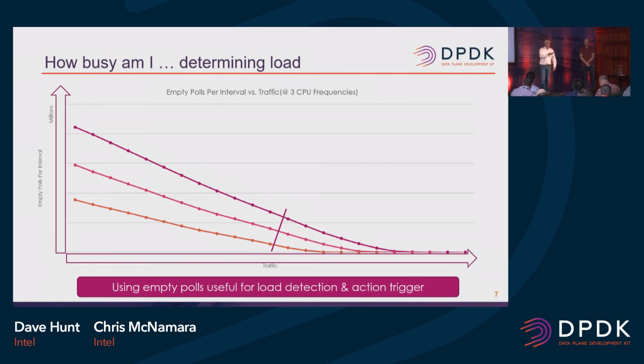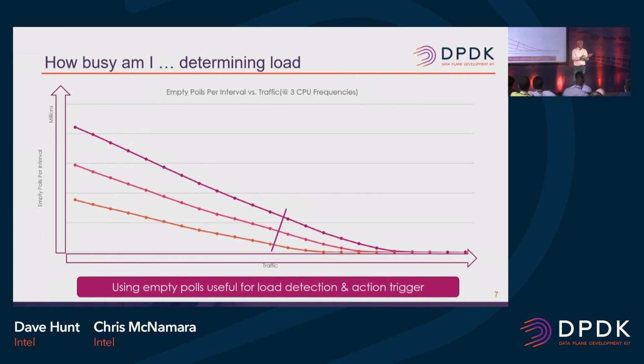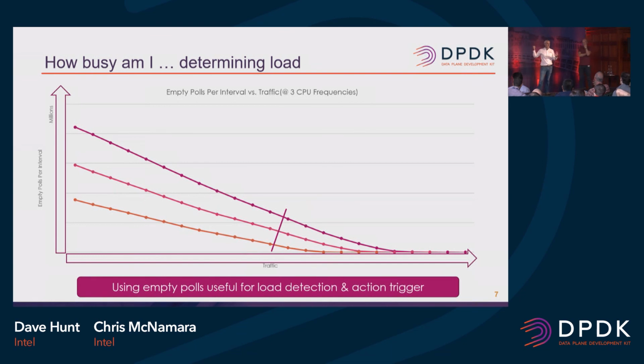But once you've done your initial training period, you kind of know what an empty poll looks like. You might never see empty polls, but you'd still be somewhere back over there on the curve, so you'd still be scaling down. You'd still be making some benefit out of the power management, even though you never hit empty polls. As with the branch ratio, it's designed to give you a good sense as the traffic rate increases.